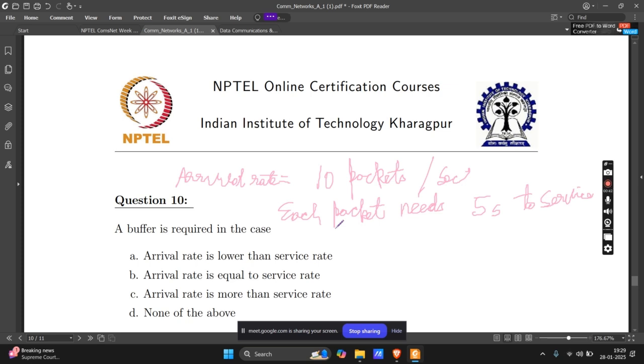So will there be a queue or will there not be a queue? Come on, tell me. Does it need a queue, sir? Yes, there will be a queue because each packet will need 5 seconds. So what is the service rate here? Service rate is 0.2 packets per second.